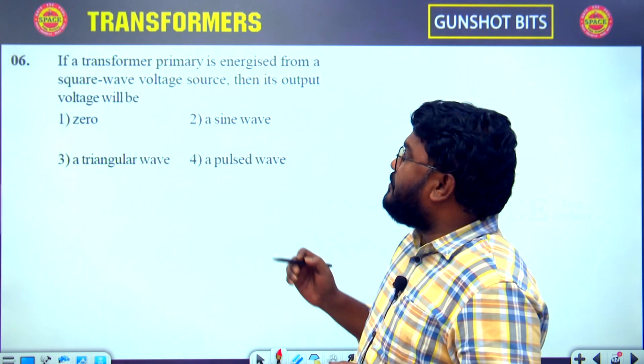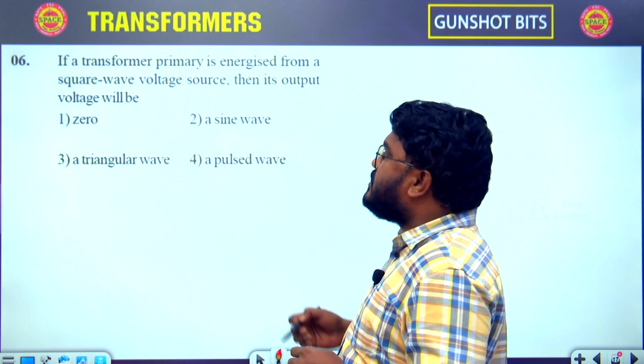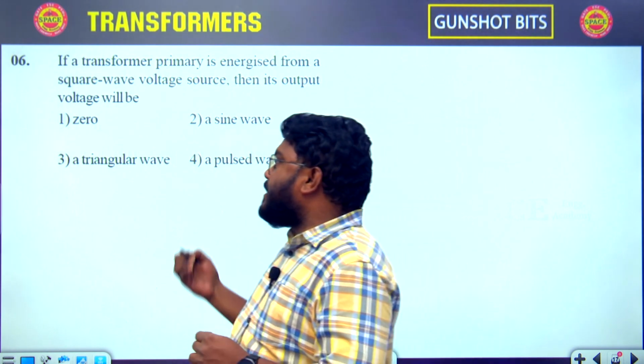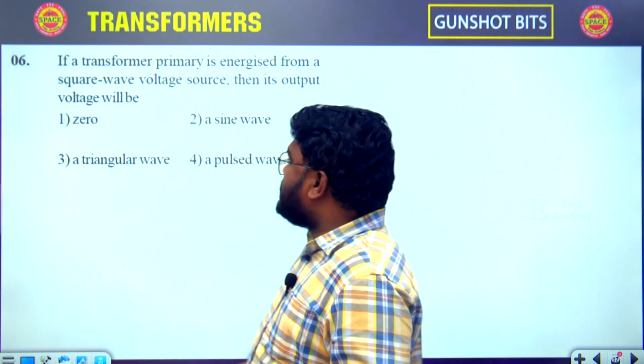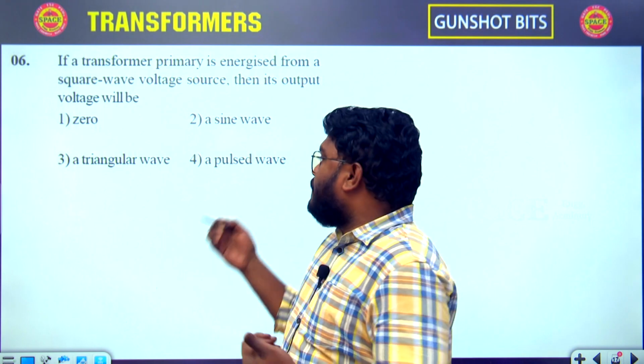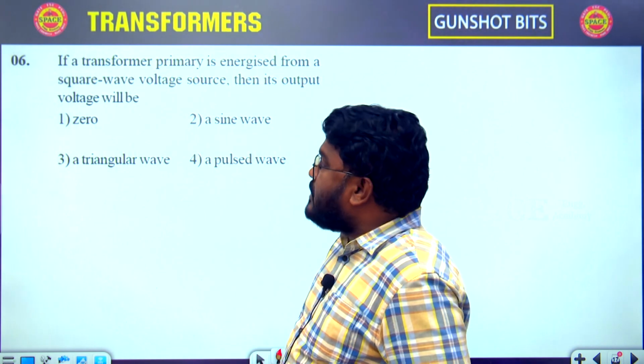The question is: if a transformer primary is energized from a square wave voltage source, then its output voltage will be: option 1, 0; option 2, a sine wave; option 3, a triangular wave; and option 4, a pulsed wave.